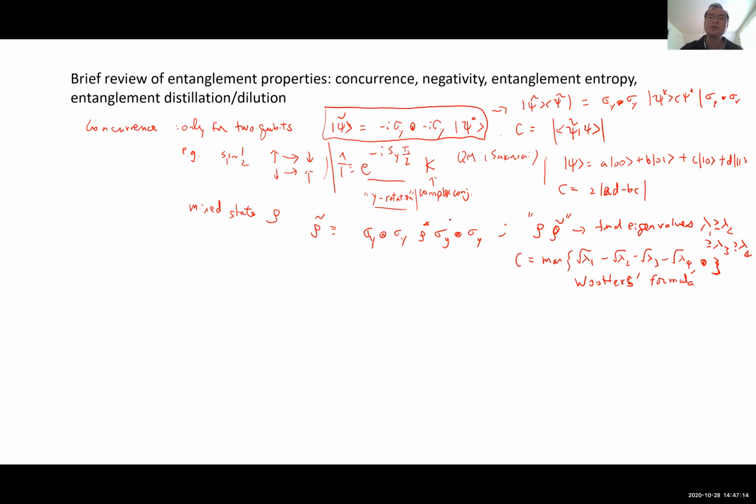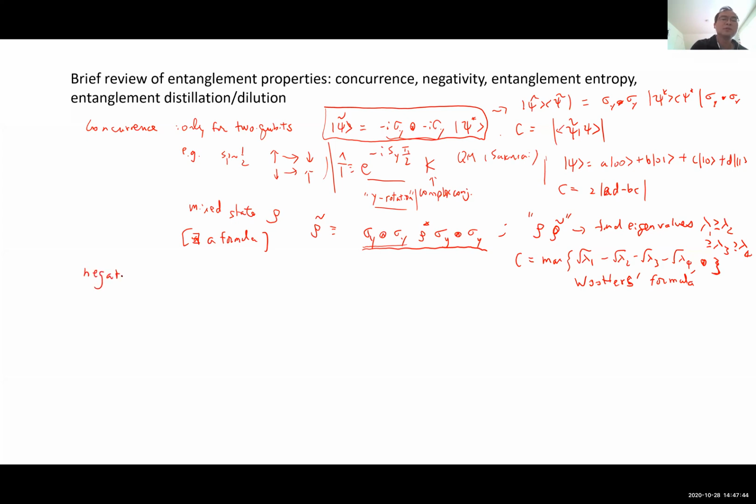But at least you see the structure and the related time reversal. This may be complicated, but there is this formula that exists, and you have probably already seen my Mathematica notebook that evaluates that. So this is concurrence.